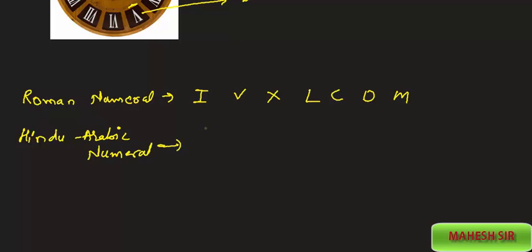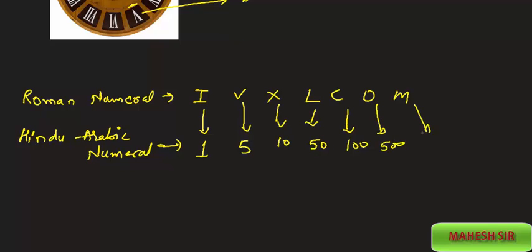So student, this I stands for number 1, and this V stands for number 5 in Hindu-Arabic numerals, and this X stands for number 10, this L stands for number 50, this C stands for number 100, and D stands for number 500, and M stands for 1000.